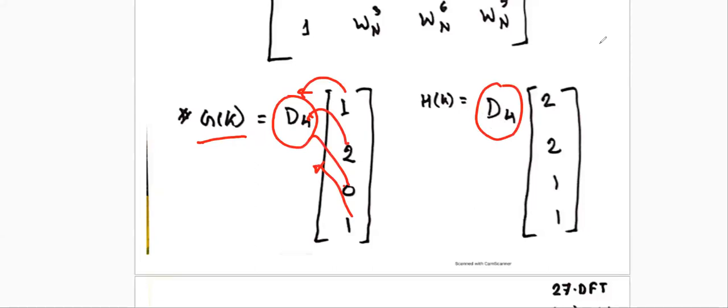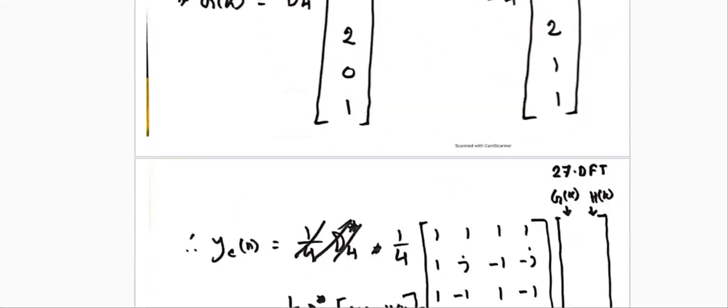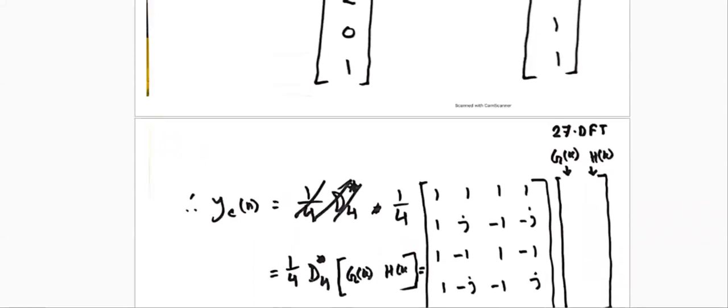However, in the case of linear convolution of Gn and Hn, everything should be calculated individually. There is nothing known there. Here we have a bigger part which is known to us, and after doing the calculation, this is the process. For the inverse, if we want to do the inverse processing directly, we can use D4 star, which is also known. D4 star means the complex conjugate of D4.